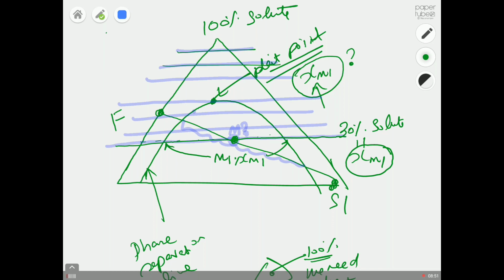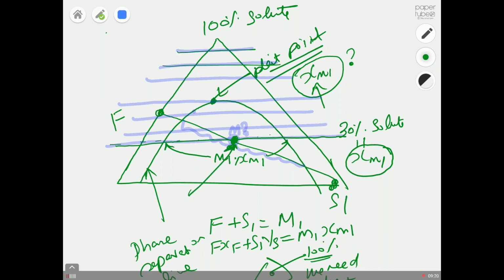We know that it's going to intersect the F S1 line, from the formula F plus S1 equals M1, or F xF plus S1 yS equals M1 xM1. So we know these things.